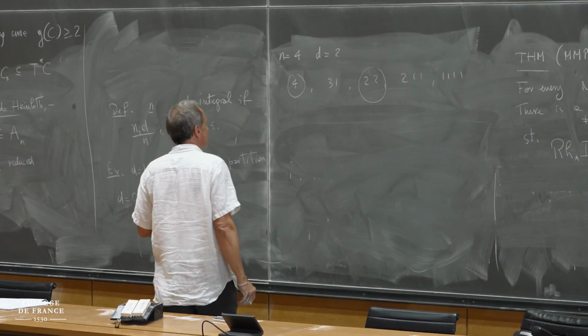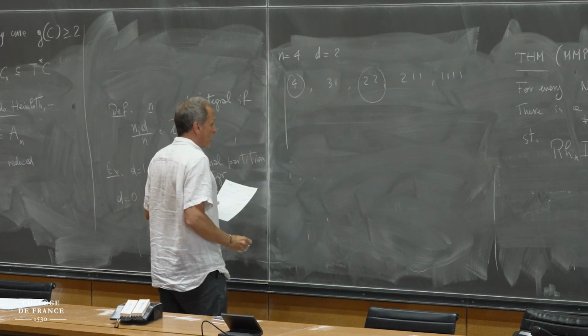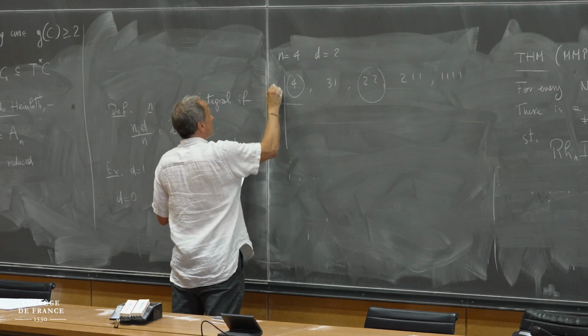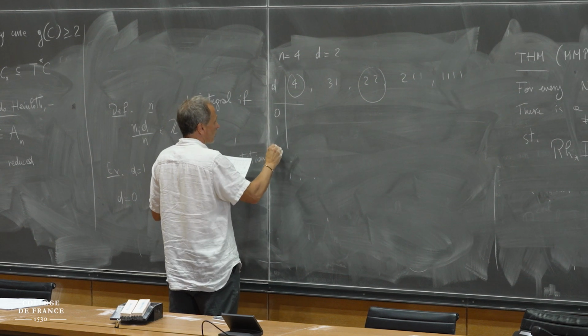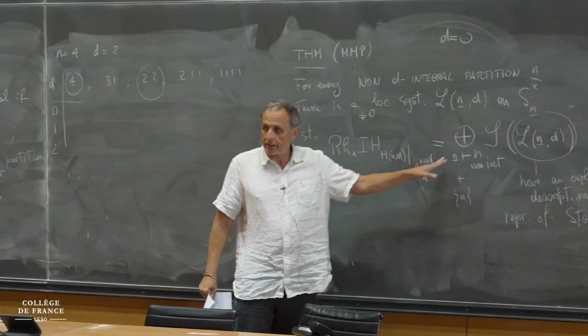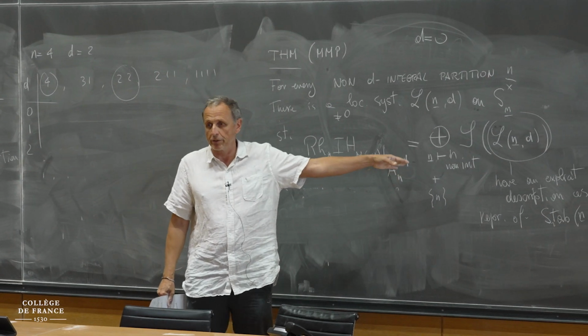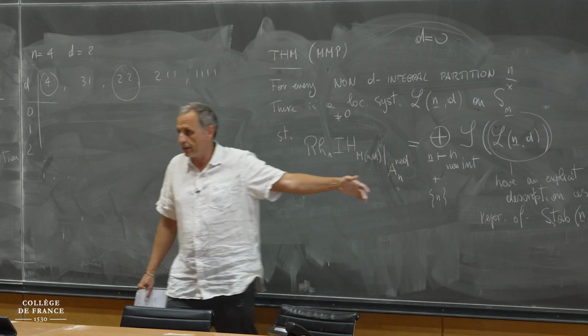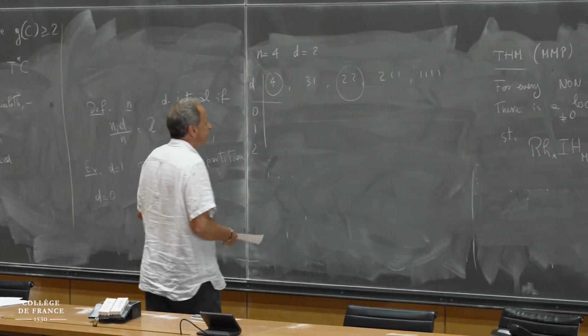So let's say that D, as I said, can be 0, 1, and 2. By the way, this description also makes clear that, at least on the reduced part, the behavior depends only on the greatest common divisor of D and N, as conjectured.